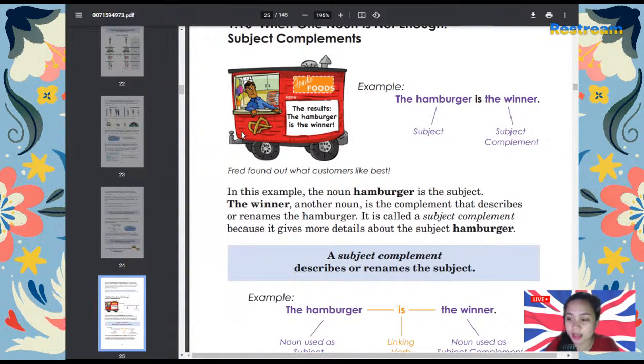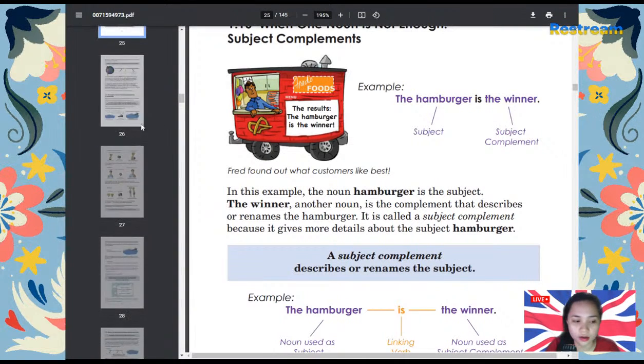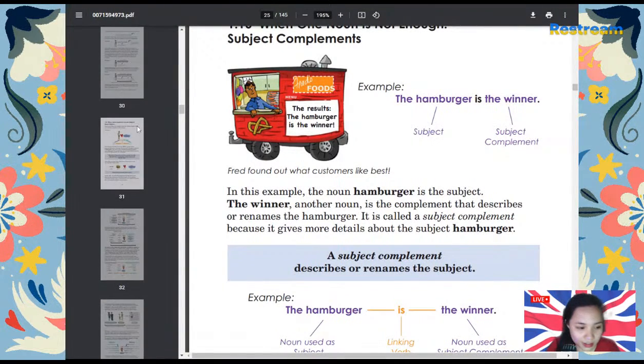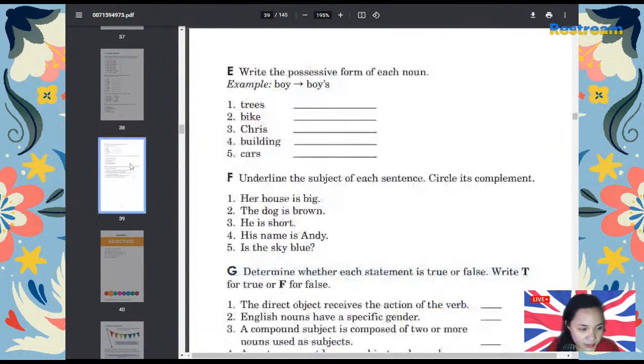So your answer right now is dog and brown. Yes, I hope it clears, or I will go back to the test. Okay, there you go. You sent a thumbs up. So now, yes, the dog is our subject here, and the subject complement is brown because it is describing the dog.